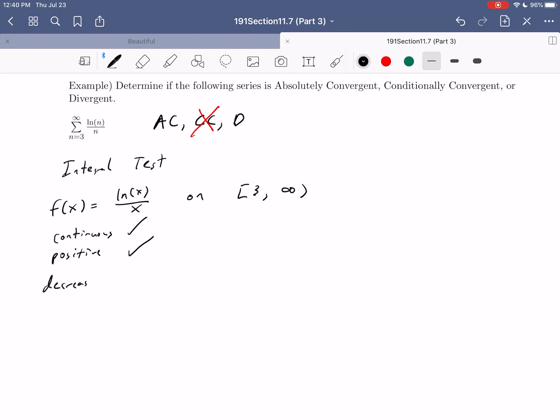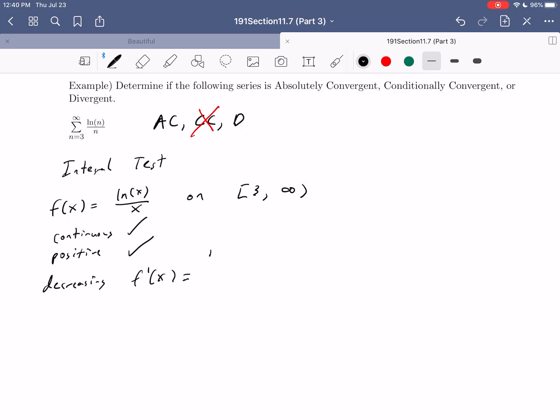And decreasing, well, unfortunately, both of these are getting larger, so we need to use the derivative to really claim that the denominator is growing faster. Now, of course, from our discussion in the previous video about speeds of functions, we should be pretty confident that this grows faster than this because this is polynomial and this is logarithmic, but the derivative confirms that for us.